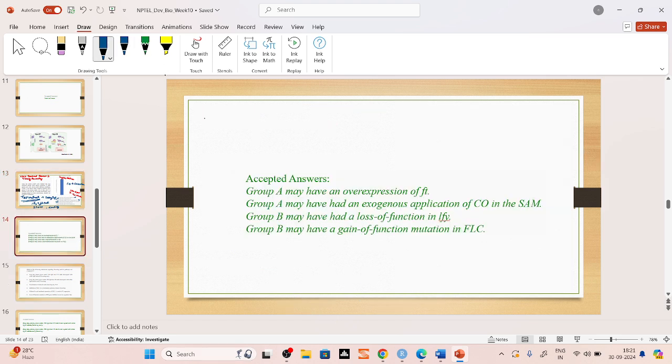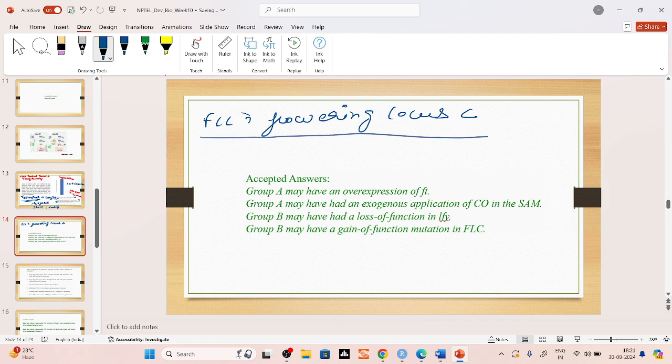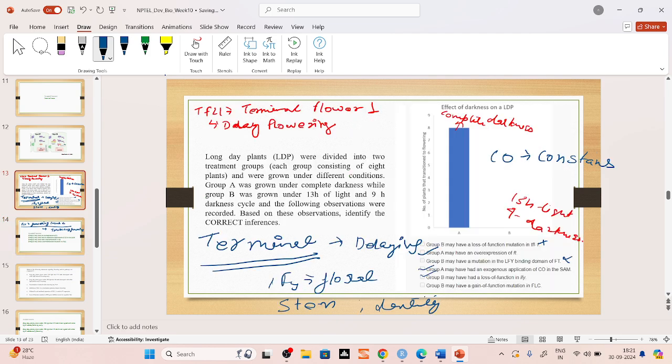FLC is flowering locus C, which is important for inhibiting flowering. This FLC locus is responsible for the inhibition of flowering.